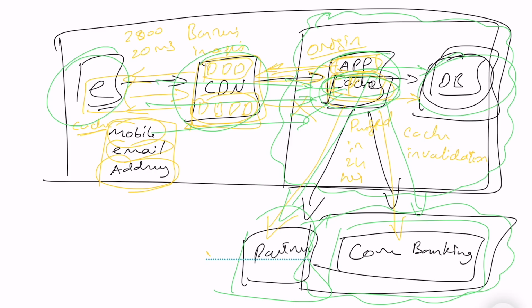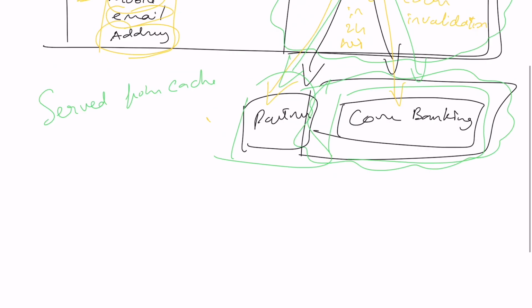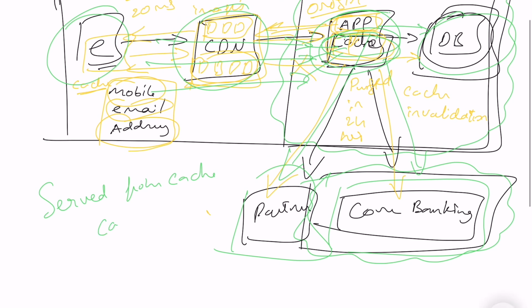How can you identify, on the browser or at the app level, whether something is served from the cache? When something is served from cache, that is called a cache hit.